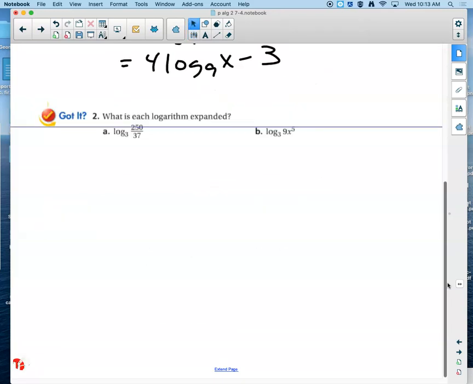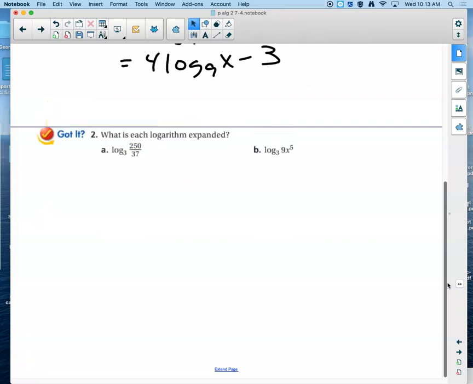Now, the reason I bring that up, we've got a little extra simplifying to do in 2A. 250 is a pretty special number, right? 37, not so special. But 250 has a lot going on. So, let's start with, what should we do? Oh, you don't have these two?